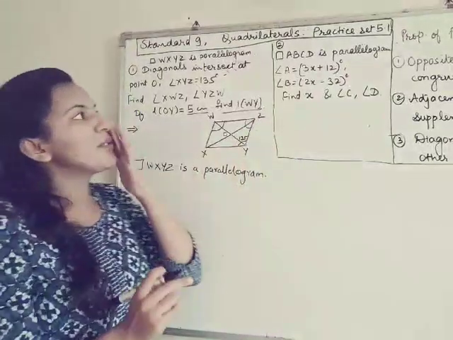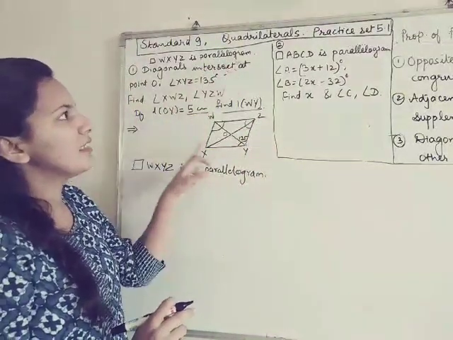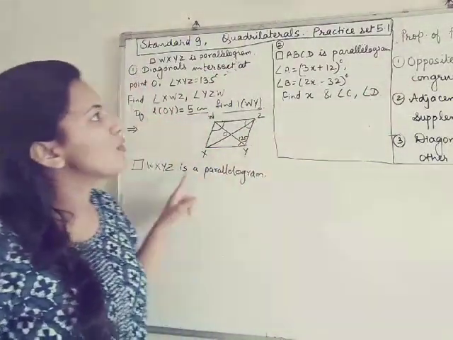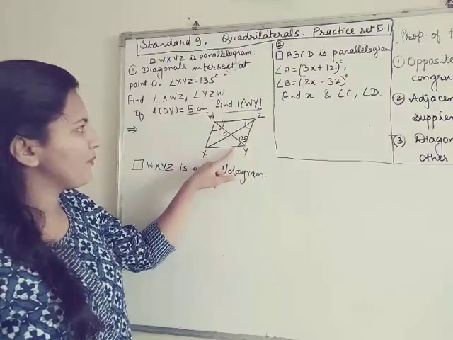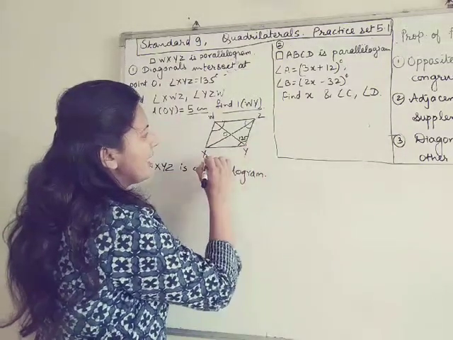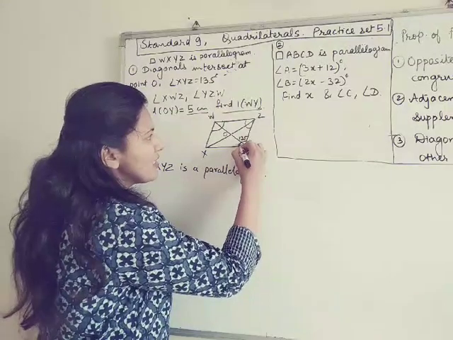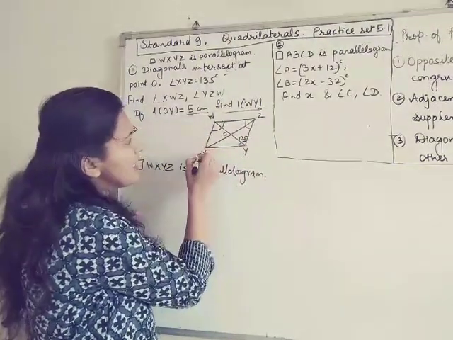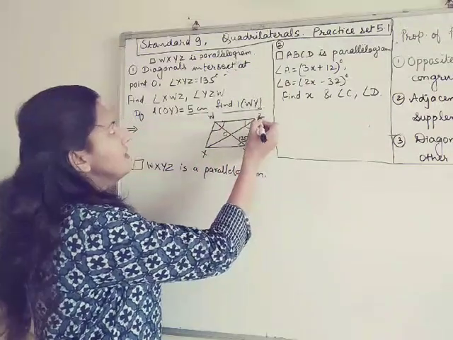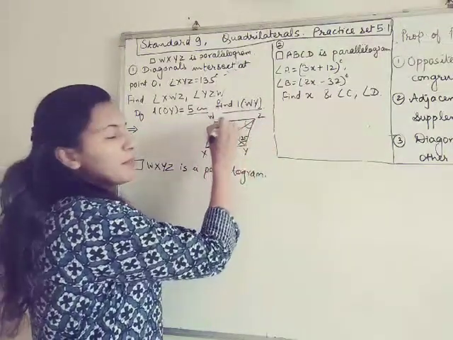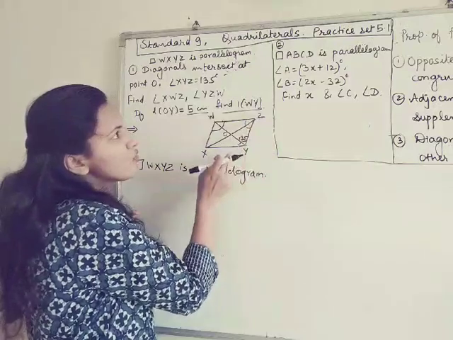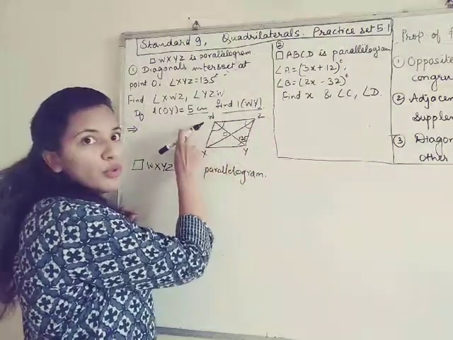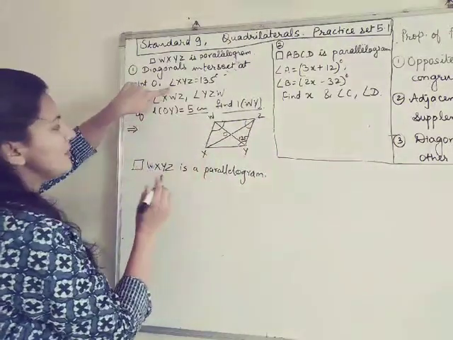So what is the property of parallelogram? That opposite angles are congruent. This is XYZ. XYZ is given, which is 135. The opposite angle, that is XWZ. This is the opposite angle of the parallelogram. So these opposite angles are congruent. What is the given data?